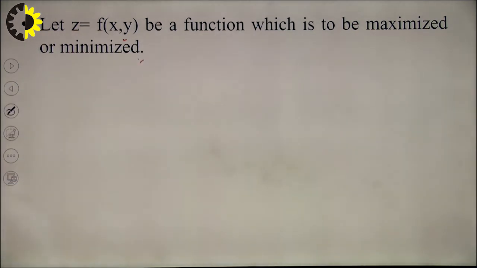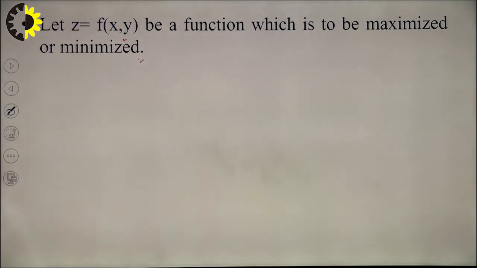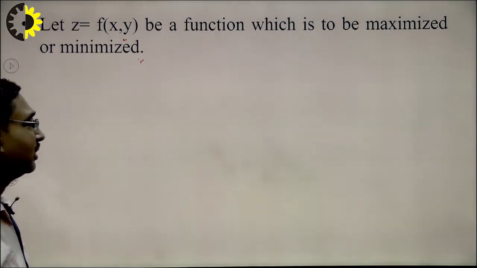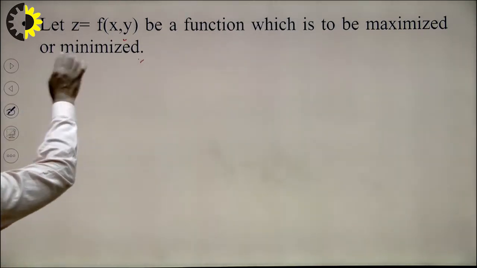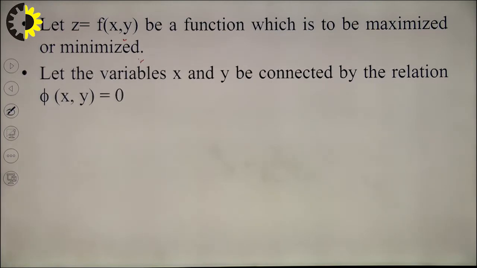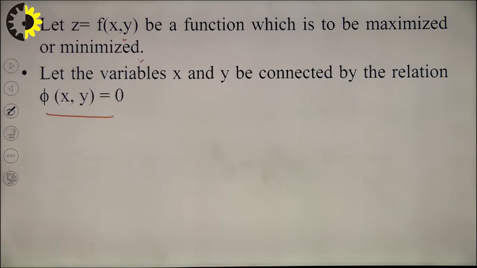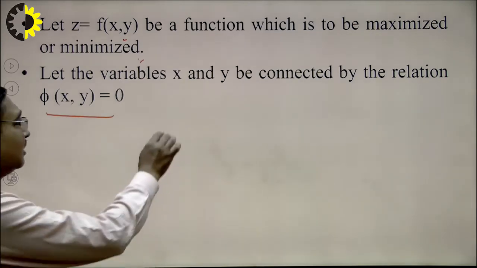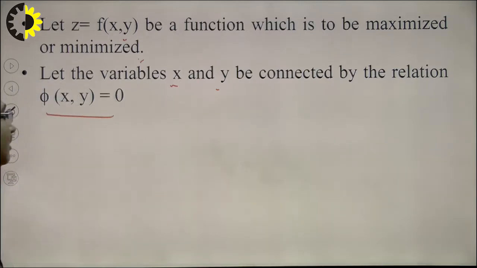We have done maximization or minimization of such functions in previous lectures also, but this time we will impose some additional condition on variables x, y or x, y and z, which is to be satisfied for this function to be extremized. Let the condition be phi(x,y) equal to 0, that is, the variables x and y are connected by this relation where phi is some function.